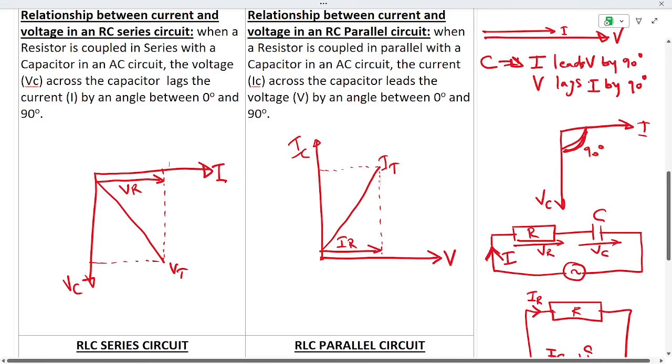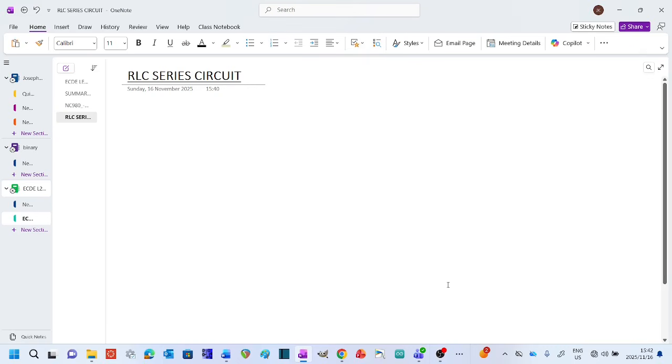So in a series circuit we are exploring the voltages because we have different voltages. In a parallel circuit we are dealing with current, because we have many currents and one voltage. So you have to be able to split all that so you know which one is your point of reference and you know how to draw the phasor diagram.